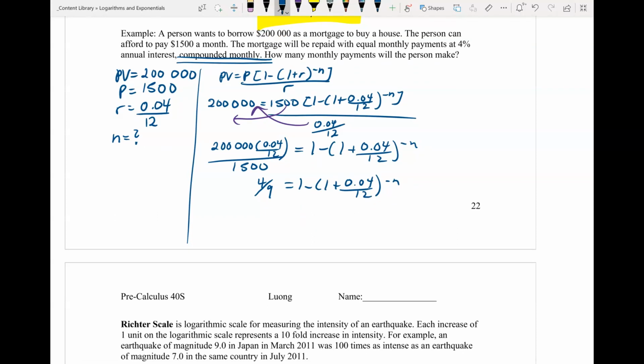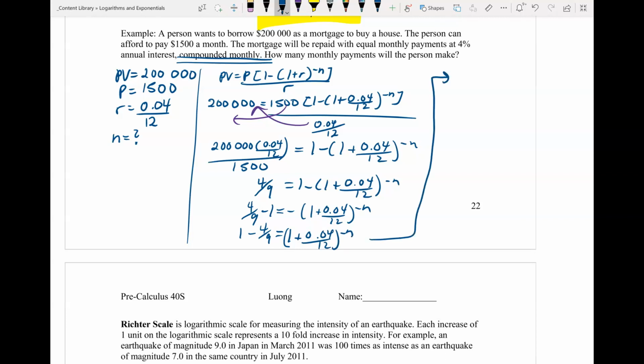And then now I'm going to move this one to the other side. And then I do want to get rid of this negative, so I'm going to multiply both sides by -1. Just going to continue on over here.